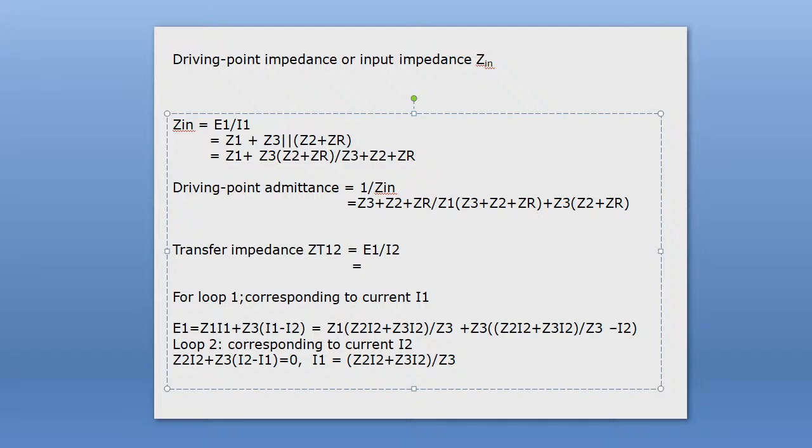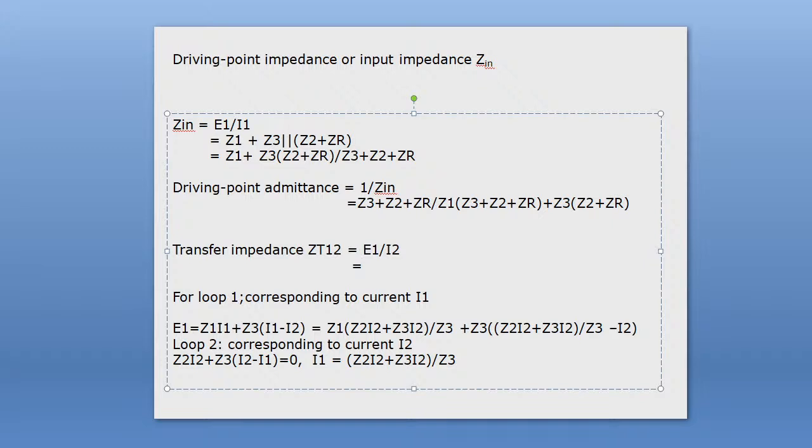After that you just simplify this and write the ratio of E1 by I2. You will get the final expression for transfer impedance. If we simplify this equation and take I2 common, then we can write E1 by I2 as an expression like this.